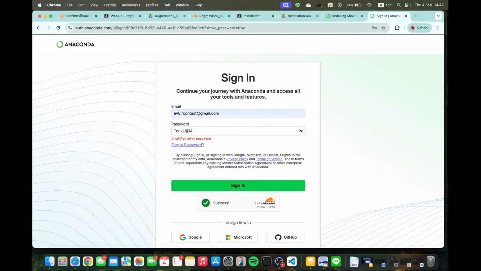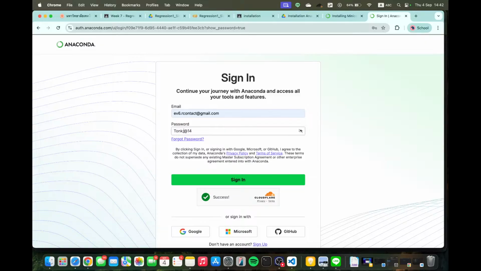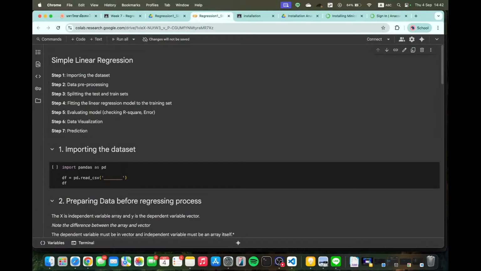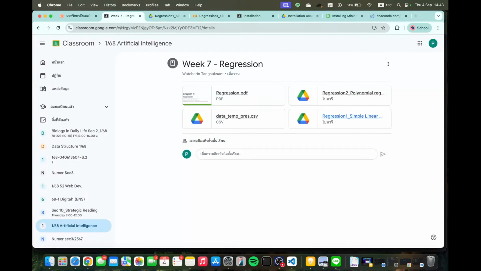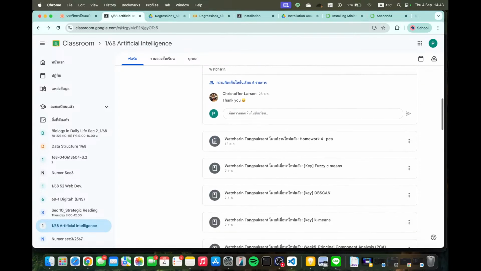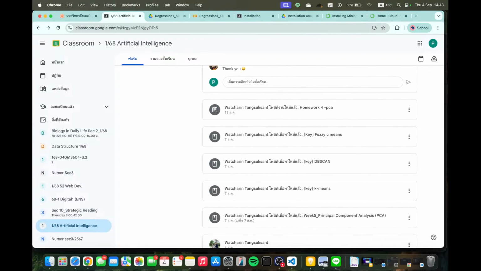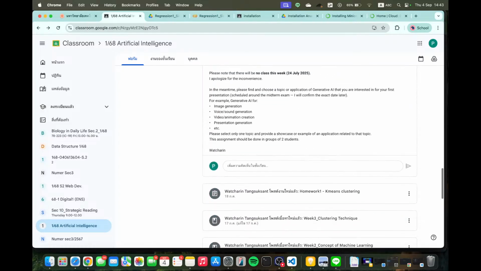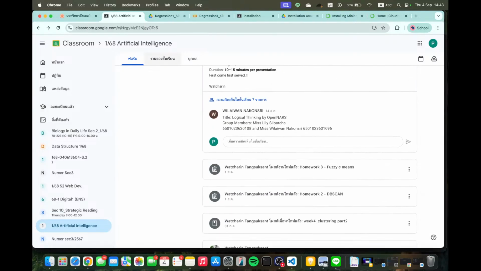Let's open the file. Actually, it's the file of the weight and height in the Google Sheet. Last time, if you input your weight and height, you can use that file for doing the regression.